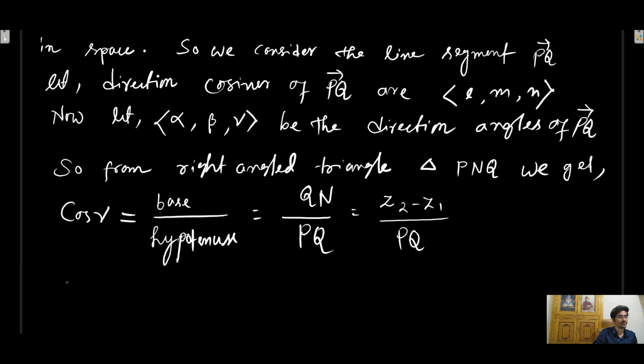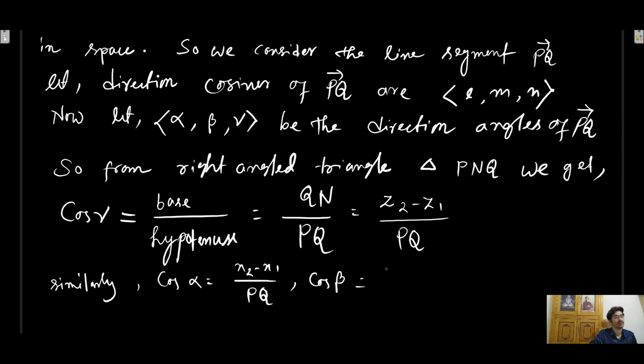So similarly, cos alpha equals x2 minus x1 by PQ, and cos beta equals y2 minus y1 by PQ. So we go to the next slide.